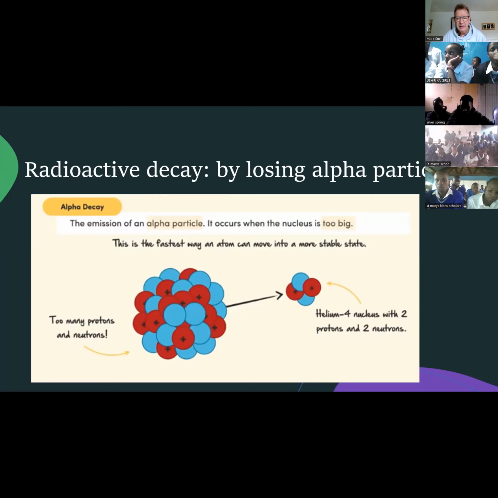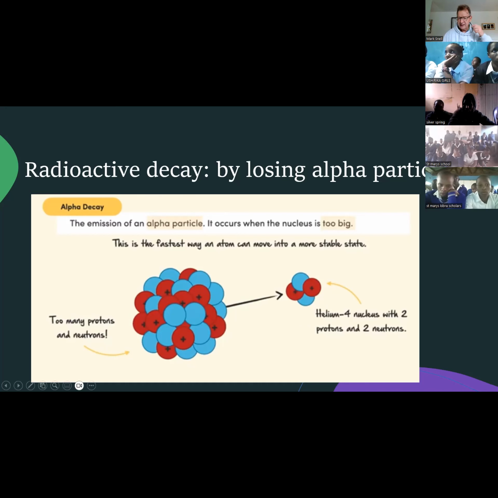It doesn't become stable necessarily after the first decay. That's an important idea. So you start with a radioactive chemical. Maybe it's got a very, very big nucleus, and it starts to decay and it loses an alpha particle, and it forms a new chemical which may not be radioactive, but it might be radioactive.